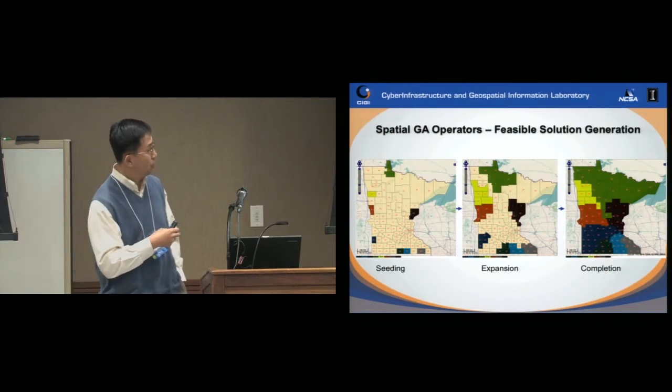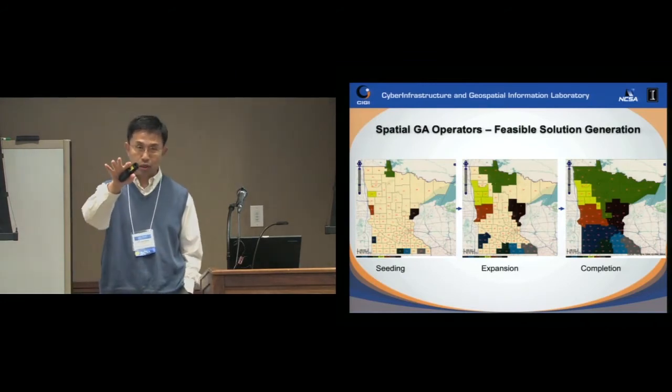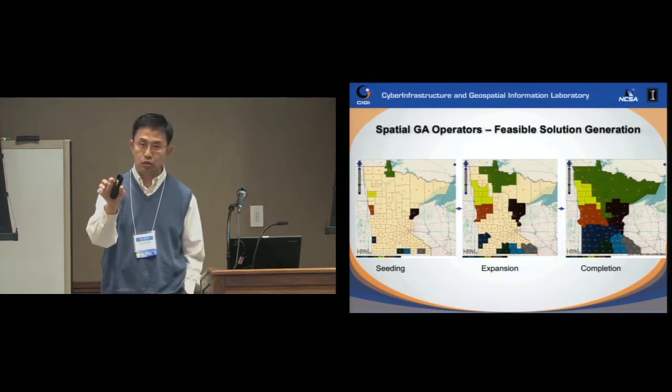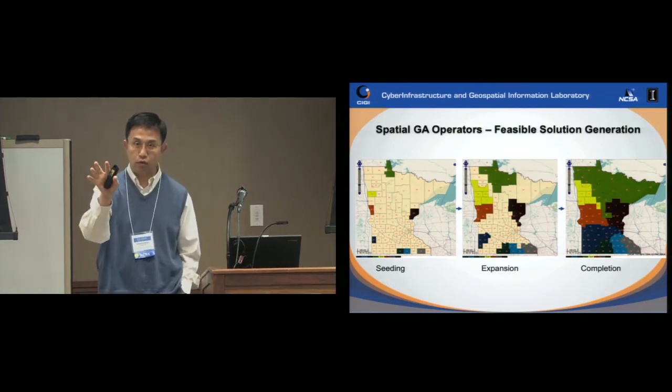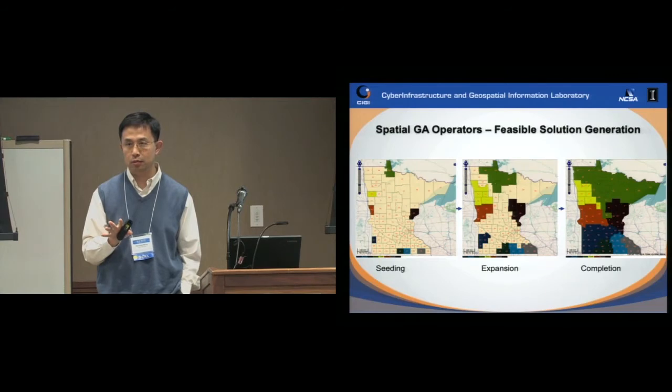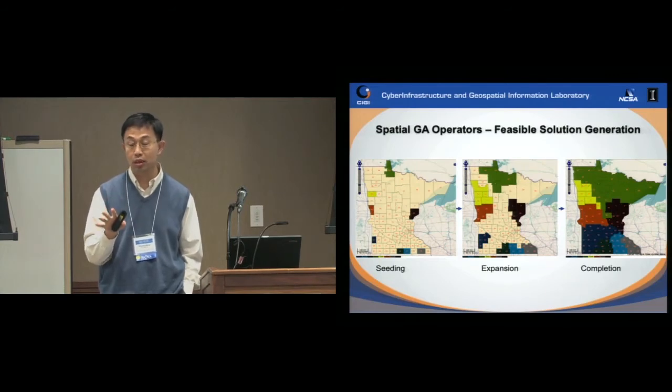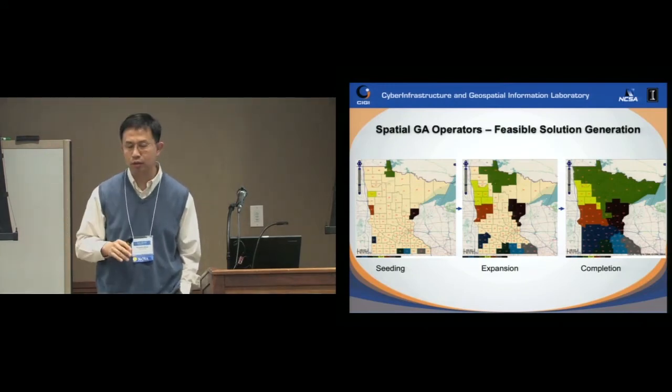In this case, you seed some initial solutions across your space. And as these initial solutions evolve, they try to maintain feasibility because our solution space is really massive. We really have to be careful. I'll show you an example at a later stage. If we are not very careful, we quickly go to some very ridiculous search.